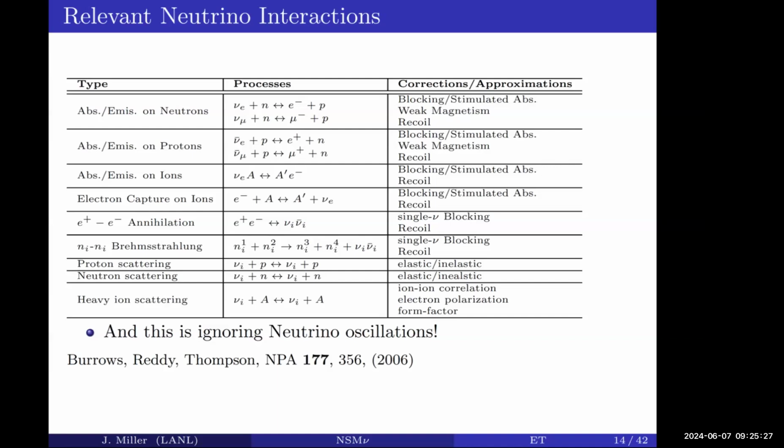It's a mess. And that's not even including neutrino oscillations, which I'm going to discuss in a little bit of detail later. But suffice it to say, neutrino oscillations are impossibly hard, but they're important. And so the physics gets very complicated.